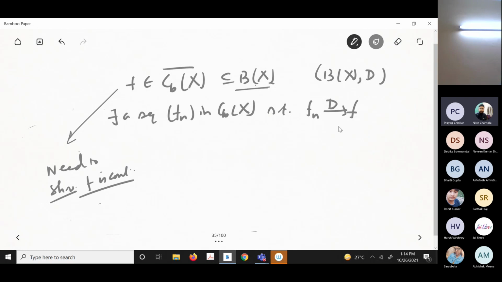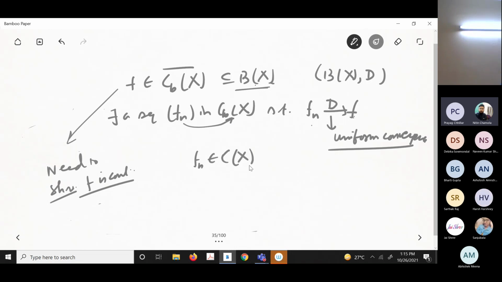But that is immediate. Look, here I told you this convergence with respect to the metric D is nothing but uniform convergence. So this is the uniformly convergent limit of a sequence of continuous functions. Look, f_n are coming from CB(X), so each f_n is continuous. So by theorem 6.1, f is continuous. Okay?